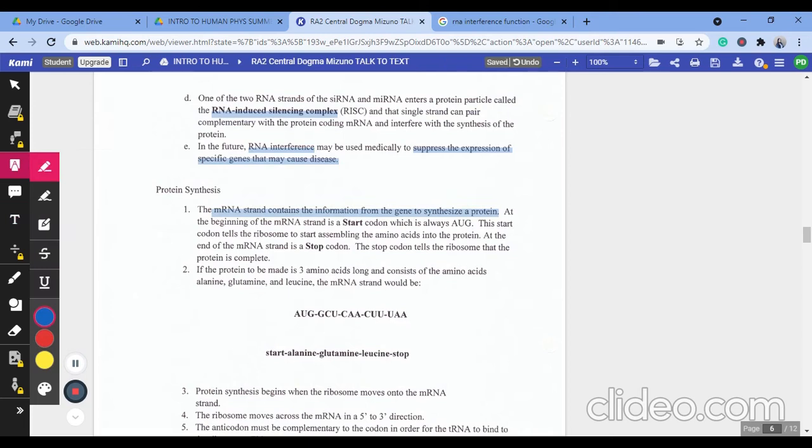At the beginning of the mRNA strand is the start codon, which is always AUG. The start codon tells the ribosome to start assembling the amino acids into the protein. At the end of the mRNA strand is the stop codon. Basically, it's in the name, it tells the ribosome that the protein is complete.